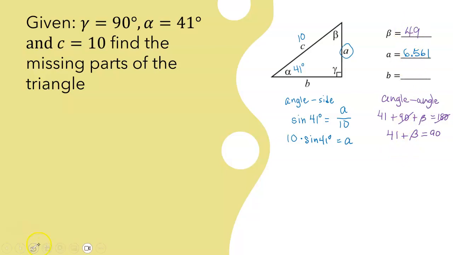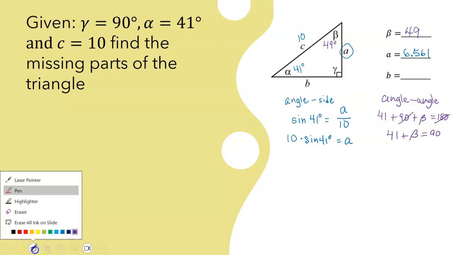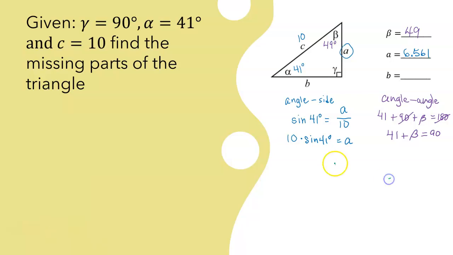And then I now know an angle. I know two sides now. So since I know two sides, I can switch my tool. I can do the Pythagorean theorem, or if I wanted to, I could keep doing soh-cah-toa. So I'll go ahead and do Pythagorean theorem.